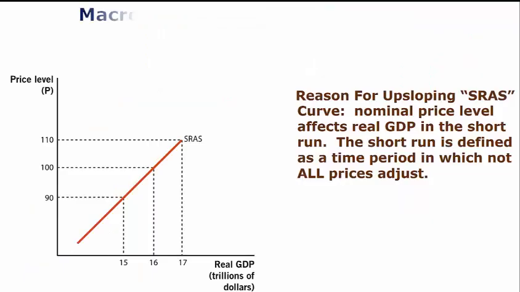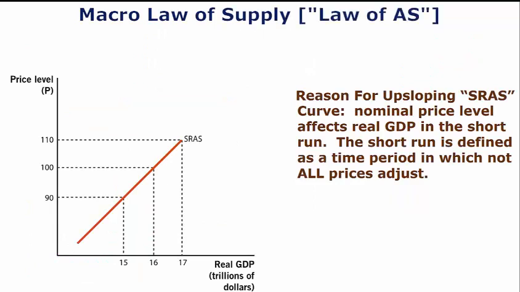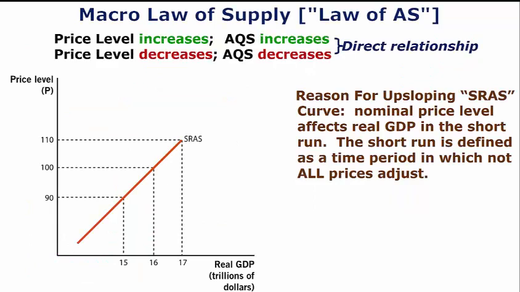Now let's look at the short run again. We have a macro law of supply in the short run. The macro law of supply basically says that there is a direct relationship between the price level in the economy and the aggregate quantity supplied. Remember, points along the curve.